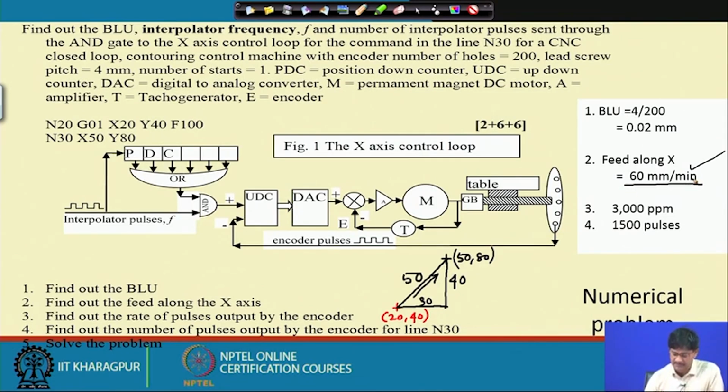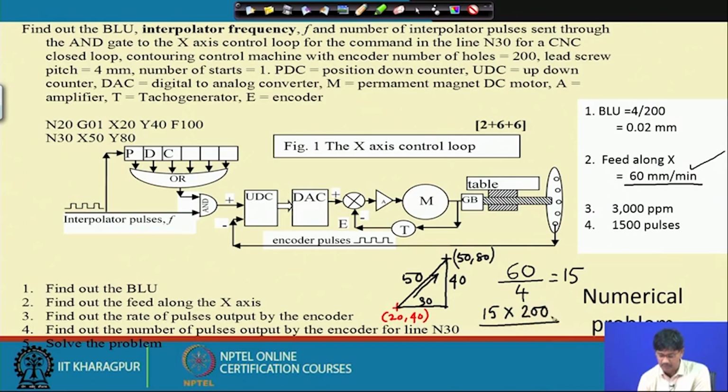If we are having 60 millimeters per minute movement, this corresponds to how many rotations of the lead screw per minute? 60 divided by 4, 15 rotations of this shaft. So, 15 multiplied by 200 must be the pulses coming out from the encoder.